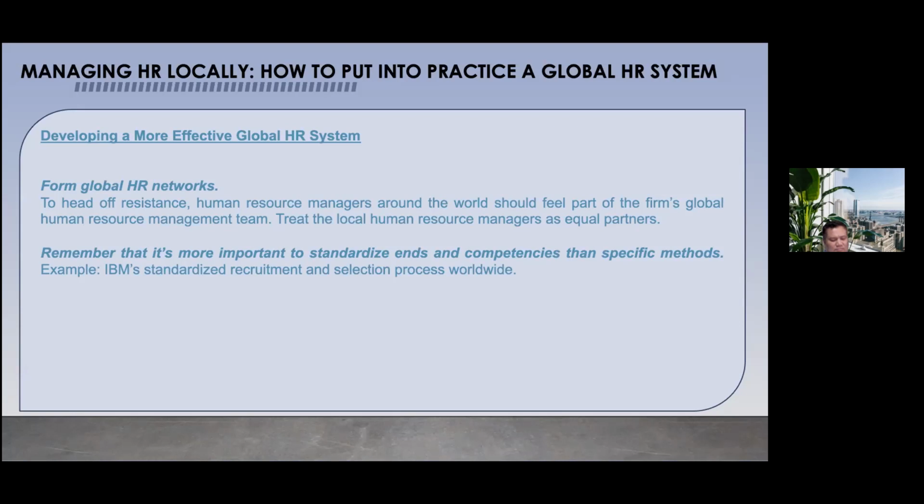Next is to remember that it's more important to standardize ends and competencies than specific methods. For example, in IBM, they use a basically standardized recruitment and selection process worldwide. However, details such as who conducts the interview, whether the hiring manager or the recruiter, or whether the pre-screen is by phone or in person, usually differ by country.